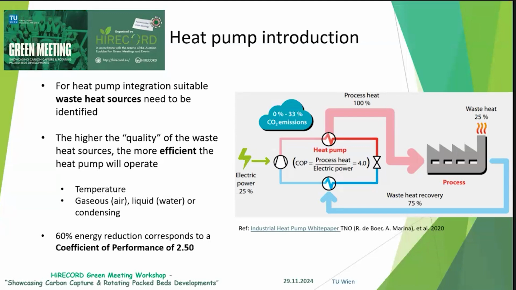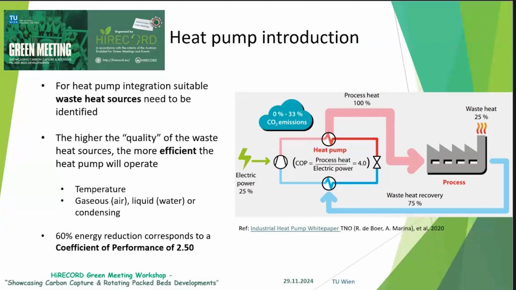So my main work was in finding suitable waste heat sources inside the capture process itself. We can determine a quality of a waste heat source. It's mainly temperature, but also the phase of the waste heat source. It can be gaseous, liquid, or a phase change happening.